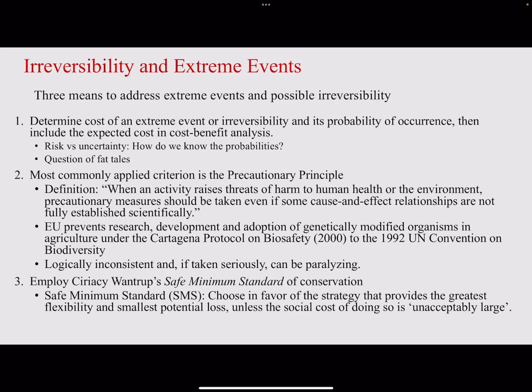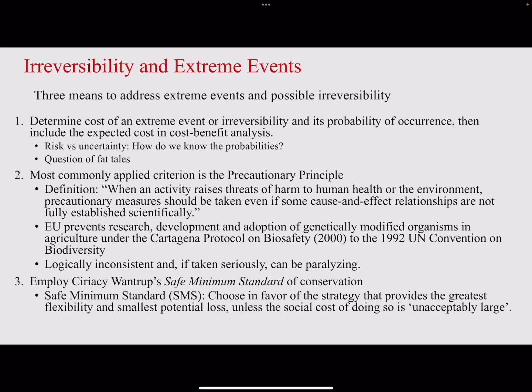For example, a nuclear power plant, the probability that an accident occurs is extremely low, but those who worry about that consider that probability to be very high, which means they have a fat tail in their distribution for that kind of event happening.